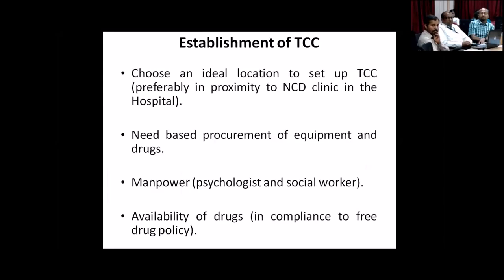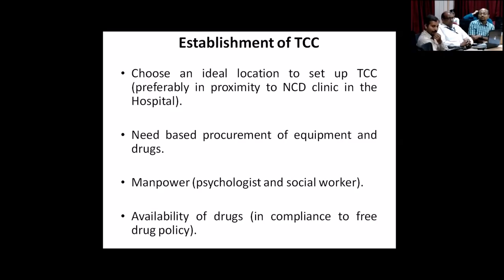So how to establish a tobacco cessation center at a district hospital, especially in a government sector? So first we need to choose an ideal location to set up these centers. So we have preferred to set up these cessation centers in close proximity to NCD cells, the non-communicable diseases cells.